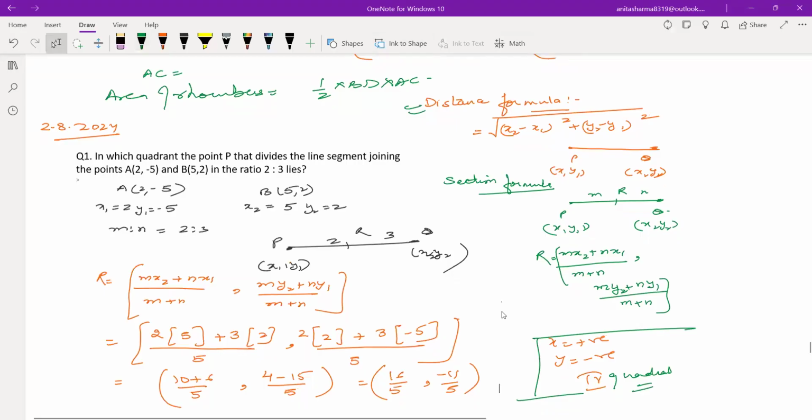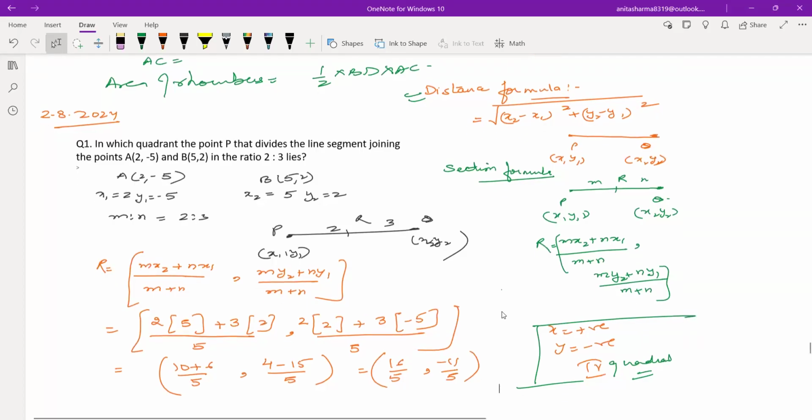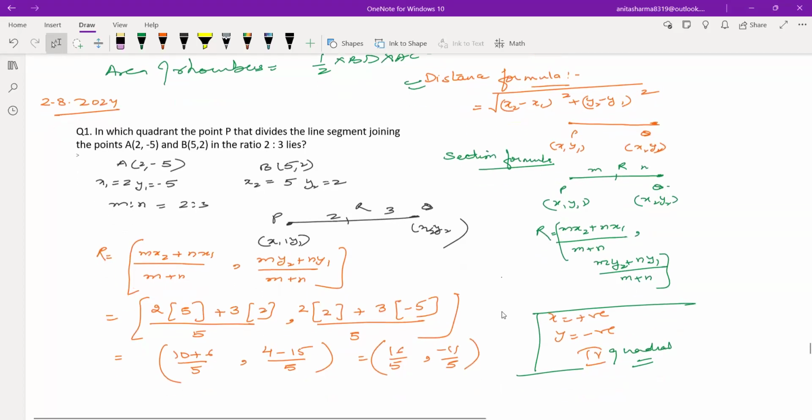Just read the question carefully and copy down the correct question, because if you copy down the question wrong, then your solution will be wrong, right? And unnecessarily your marks will be deducted. Yes, ma'am. I will do it now. Done, children? Yes, ma'am. Okay. So may we proceed to the next question?